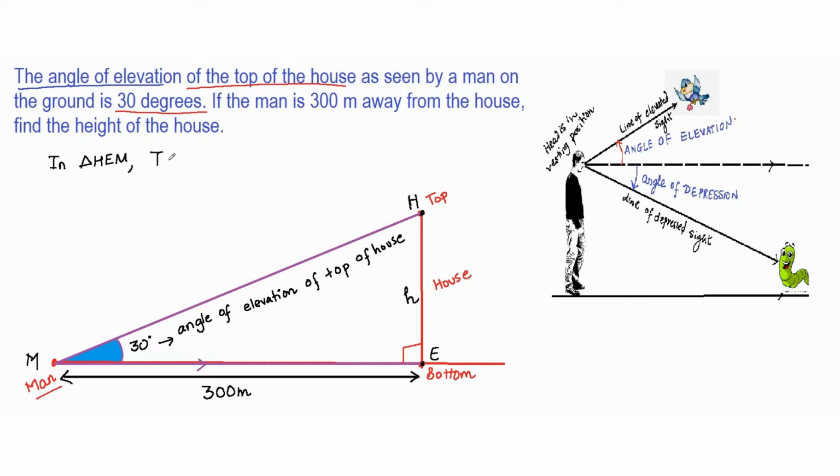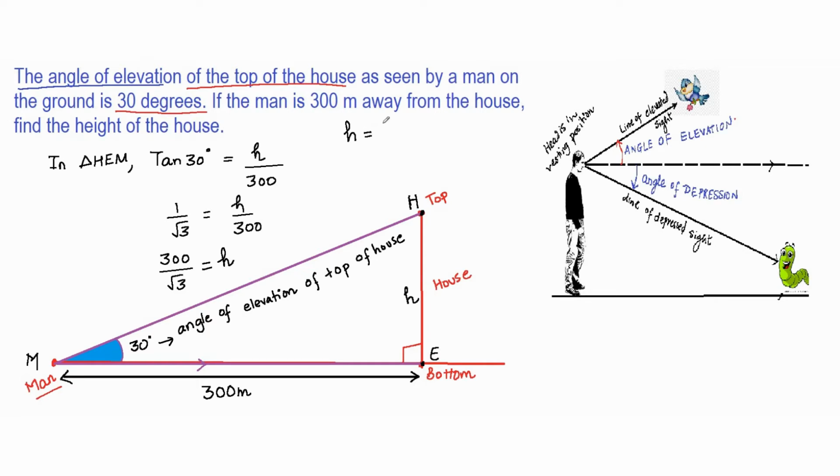So I can say that tan 30 is therefore equal to the opposite side, h, divided by the adjacent side, which is 300, and therefore 1 upon root 3 is equal to h upon 300. 300 is in division, on the other side it will go to multiplication. So I get 300 upon root 3 is equal to h. And now we should rationalize the denominator.